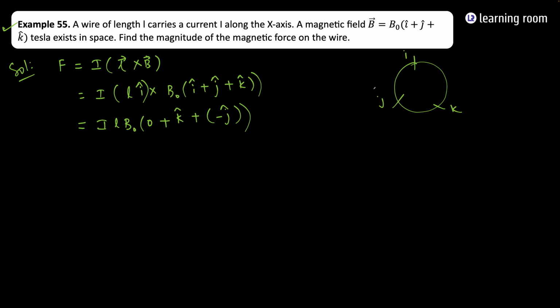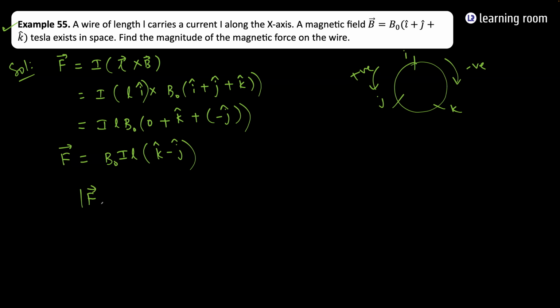Anything anti-clockwise is positive: i cross j is k, j cross k is i, k cross i is j. Anything clockwise is negative, so i cross k is negative. So it will be B naught I L into (k cap minus j cap), which is the force in vector form.